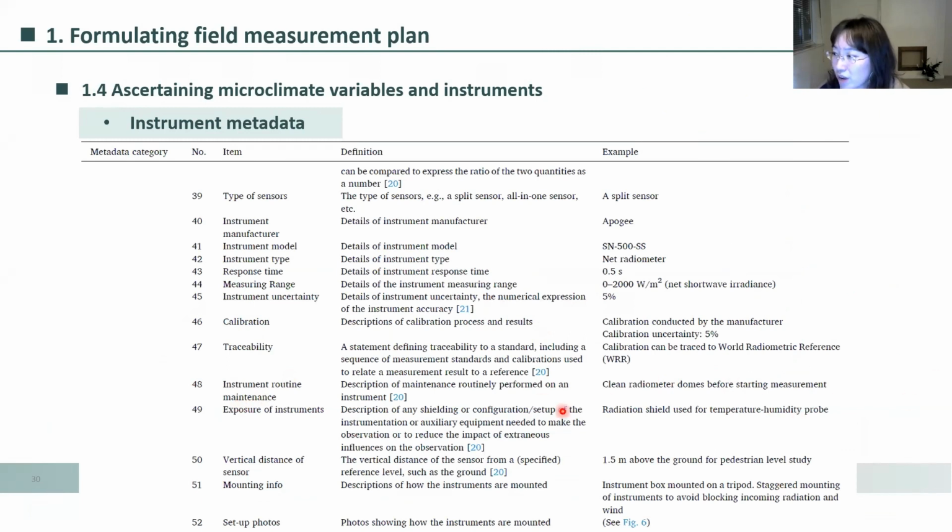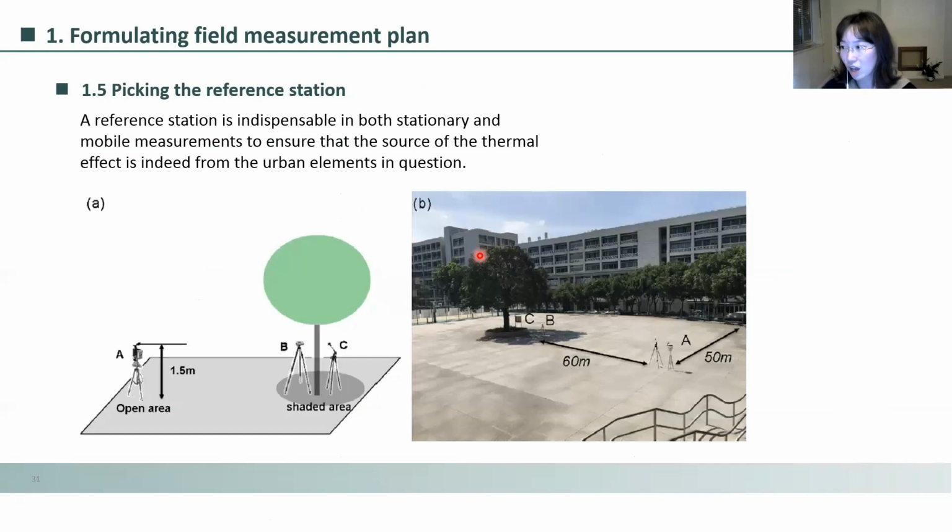Once the measuring variables and their corresponding instruments are determined, the instrument metadata should be documented in detail. So here is the metadata checklist of the instrument for your reference, and you can find it in my paper. The next step is picking the reference station.